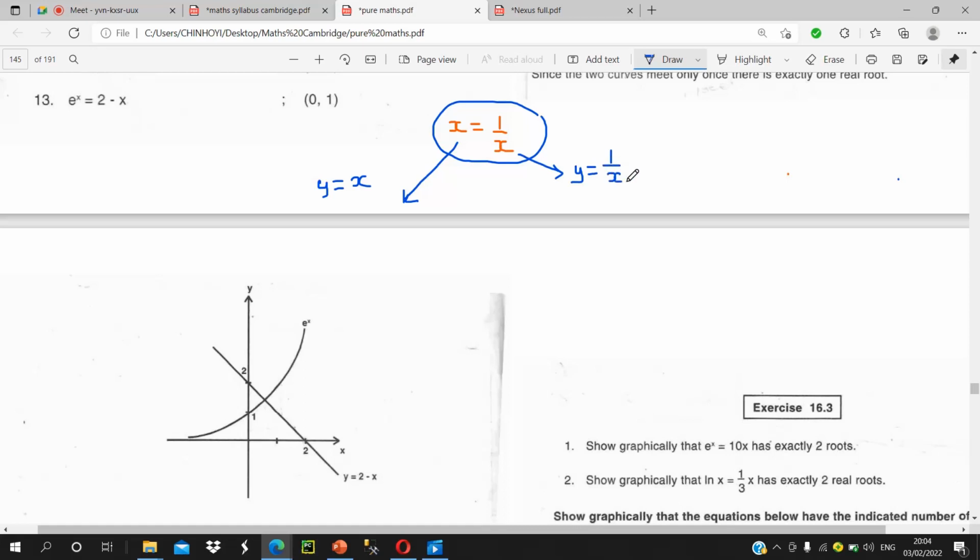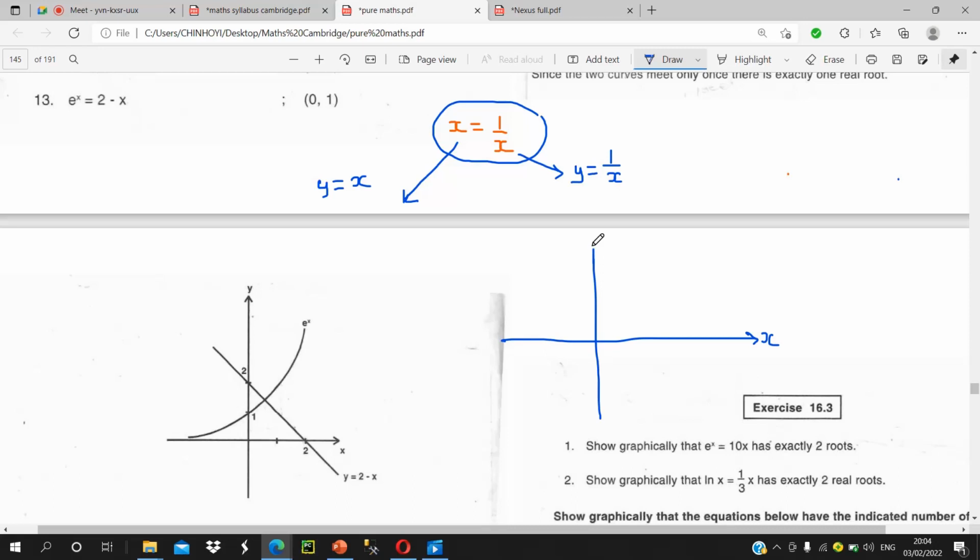They are saying show that there are two real roots, meaning the two graphs are going to intersect twice. If the two graphs intersect twice, it implies that there are two real roots. So you now know the graph of y equals x. Yes?